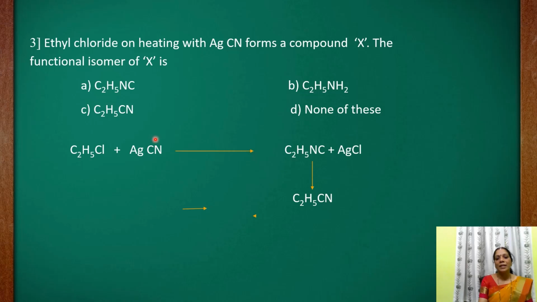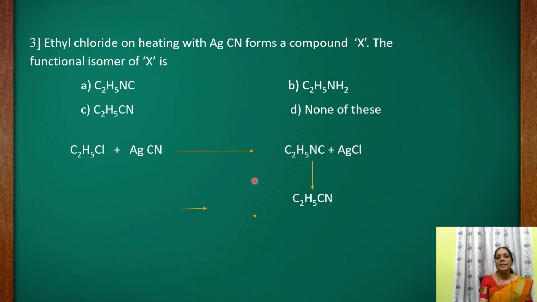That means even though the CN minus is not generated here, the lone pair present on the nitrogen readily attacks the positively charged carbon. Hence, bonding does not take place with this carbon atom. Bonding takes place with what? Nitrogen atom. As the new bonding takes place, this bond undergoes the cleavage and Ag plus is released from this.